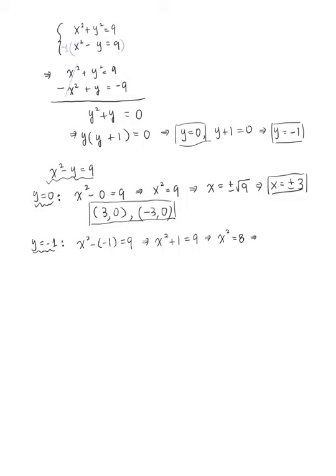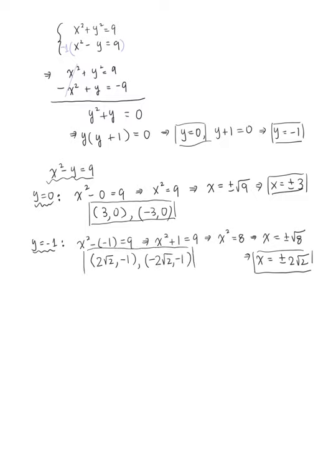So x is plus or minus the square root of 8, which simplified all the way is plus or minus 2 square root of 2. So when y is -1, our x values can be either 2 root 2 or -2 root 2. So you're going to have 2 root 2 comma -1 and -2 root 2 comma -1. So we have 4 proposed solutions now.